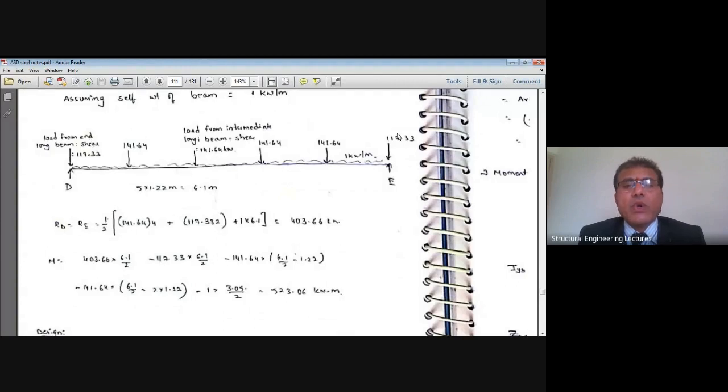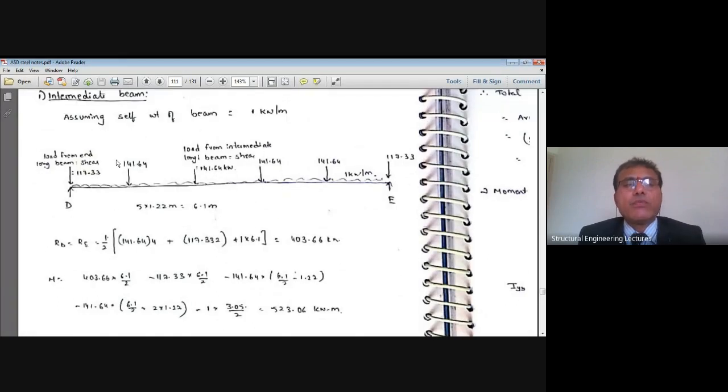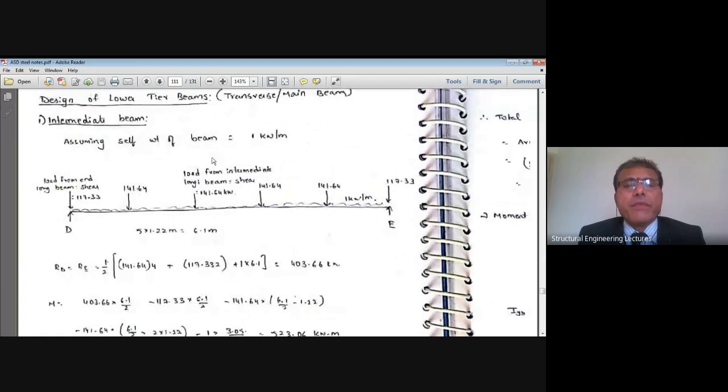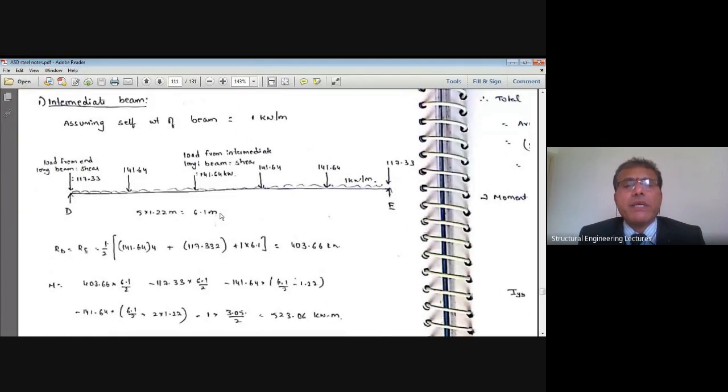That is how the loading diagram is. And also assume the self-weight of this girder, main girder, because this is a main girder. I'm just assuming at the rate of 1 kilonewton per meter as UDL throughout the span, left end to the right end, right? Then let us say this support D and this support E respectively.